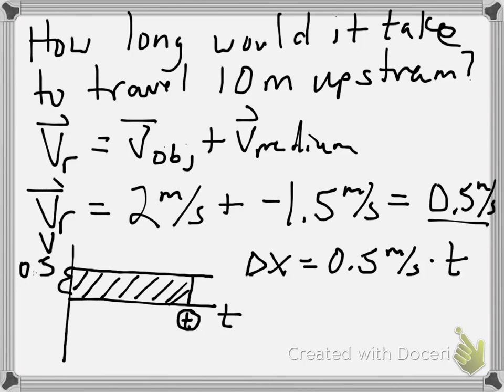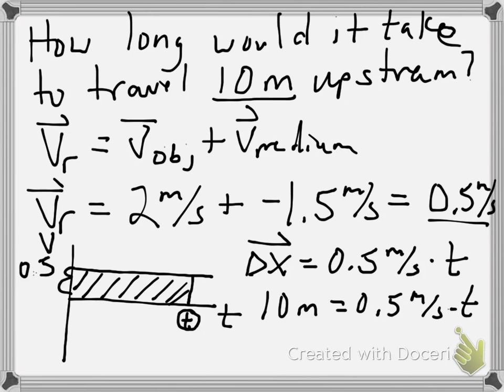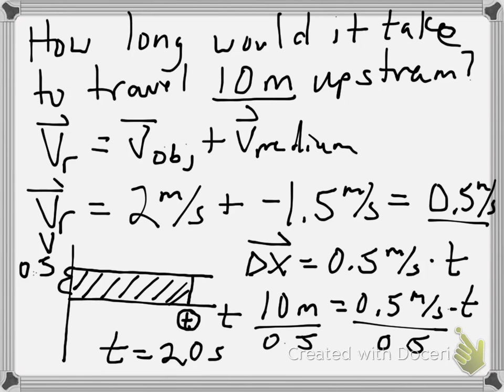So that's our generic, for this rectangle, but we also know the distance we're trying to accomplish. We want the displacement to be 10 meters. So at what point will the area of that rectangle be equal to 10? Divide both sides by 0.5, and we find that t had better be equal to 20 seconds.